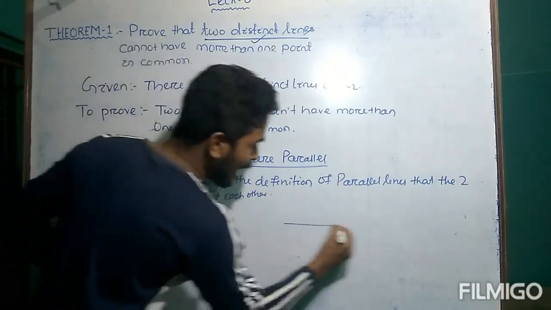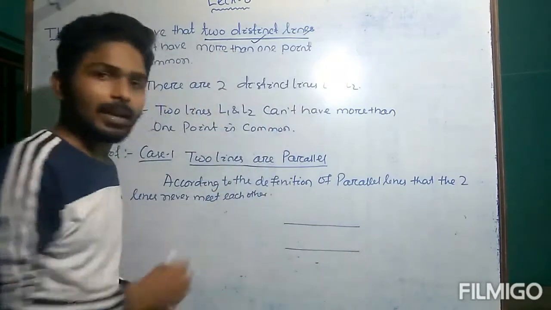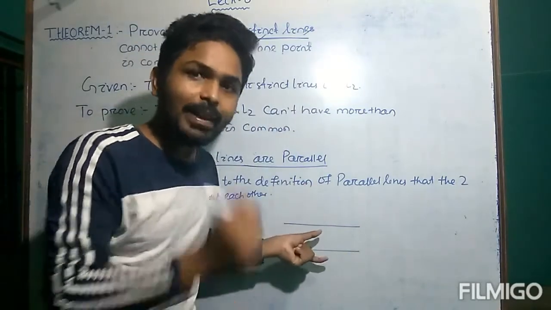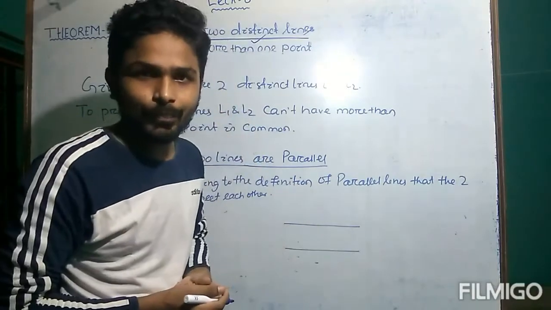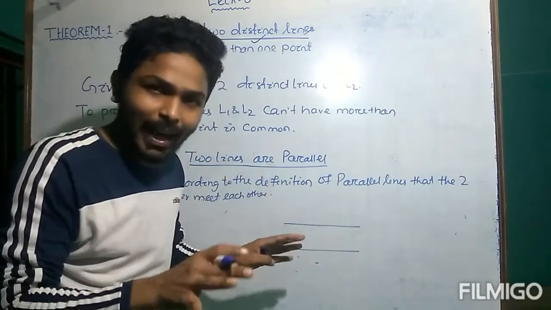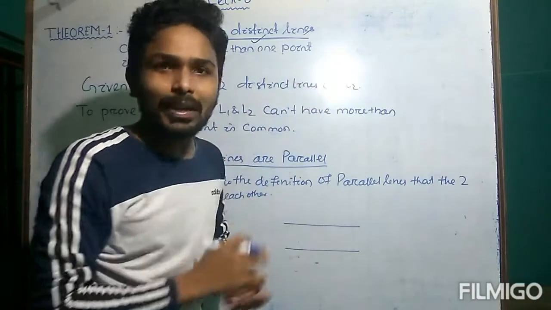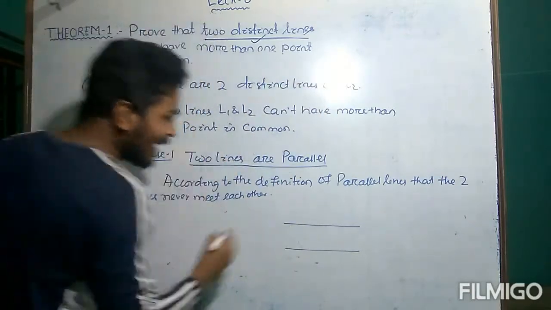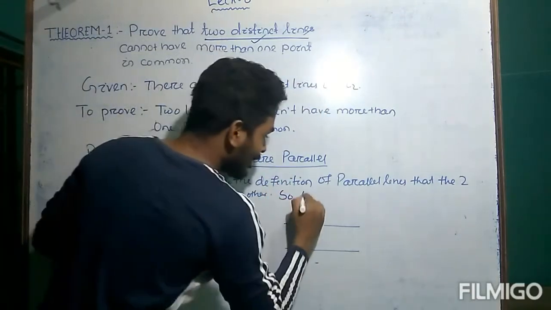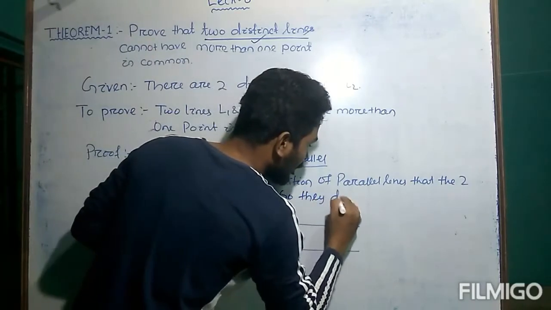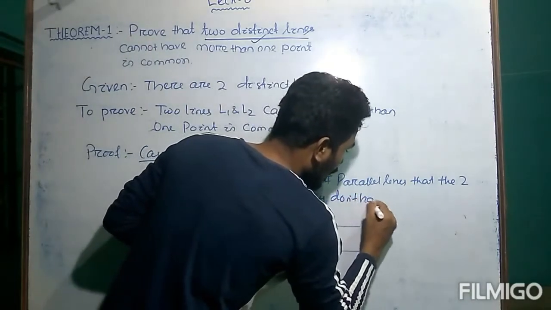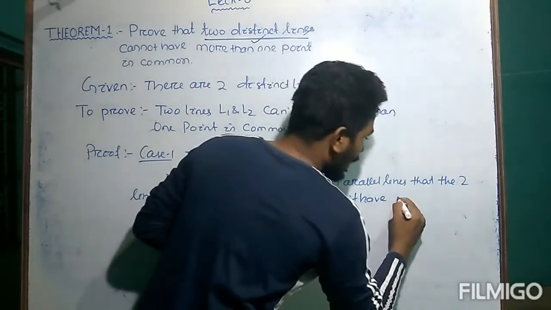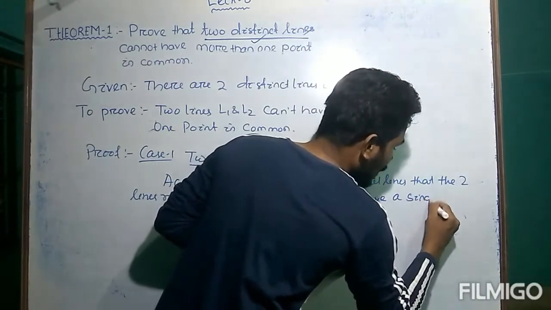So if the two lines never meet each other, it means they do not have a single point in common. It means they do not have more than one point in common, right? So you can write: so they don't have a single point in common.